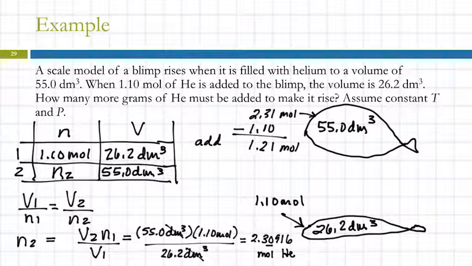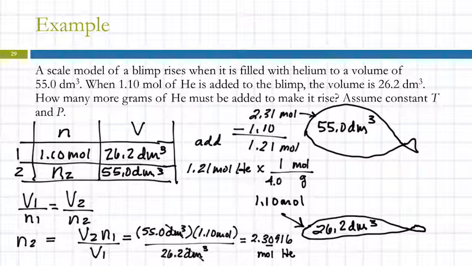I need to add 1.21 moles. How many grams is that? Well, this is helium. 1.21 moles of helium times the molar mass. So that's just on the periodic table. 1 mole is 4.003 grams.